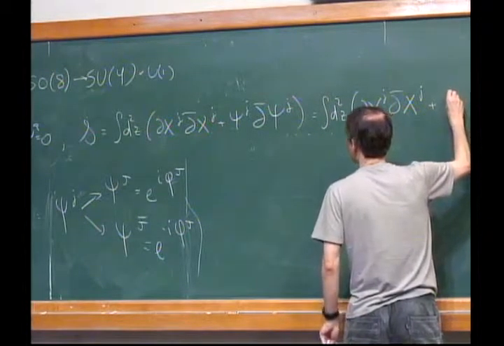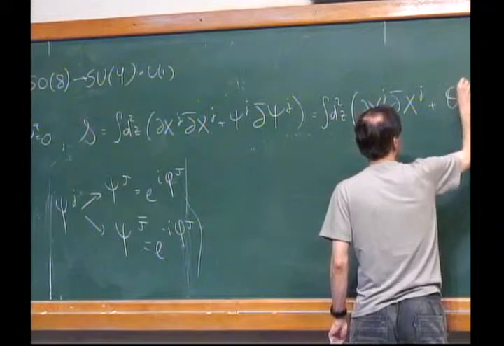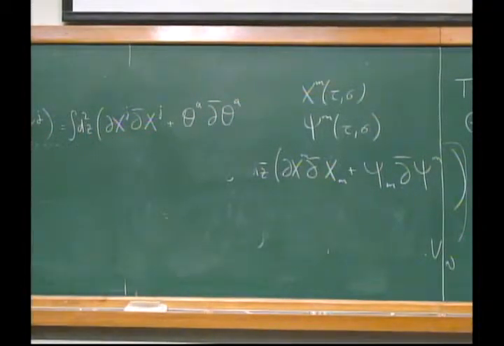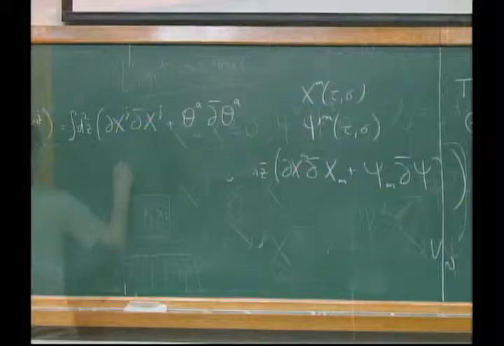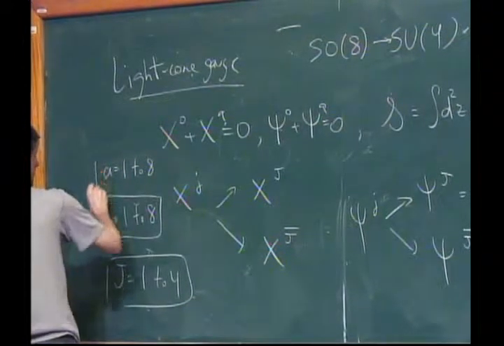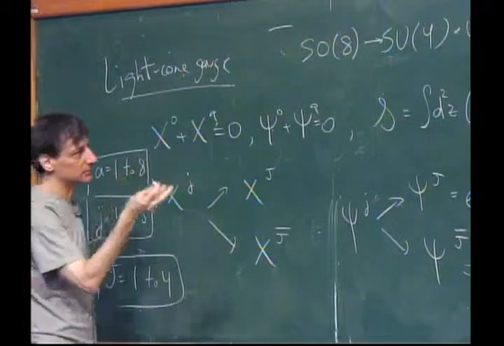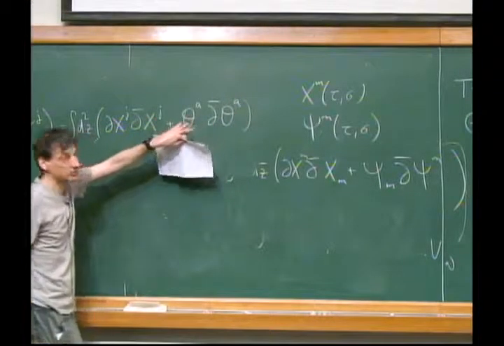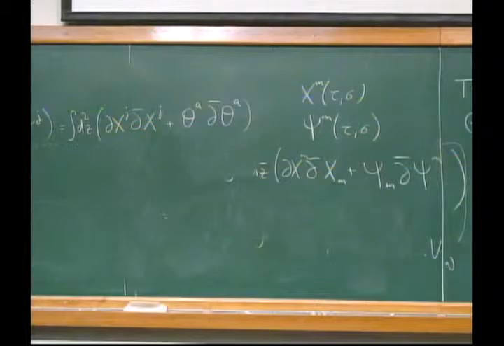So I'm going to call the SO8 spinor theta. So A is 1 to 8. And of course, SO8 has an 8-dimensional representation, which is a vector, which is a chiral spinor, and also which is an anti-chiral spinor.